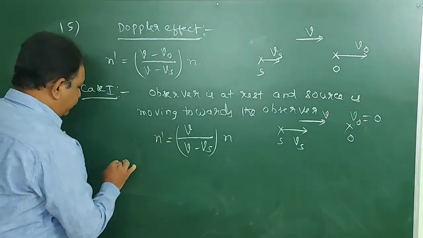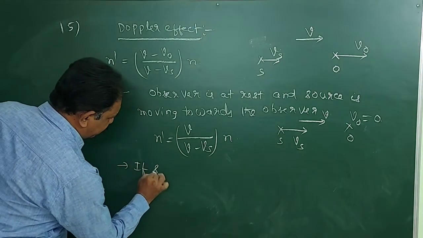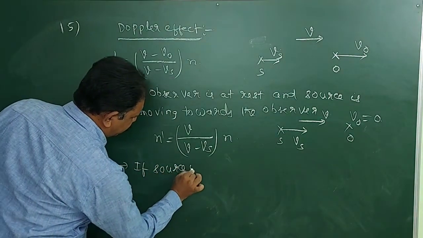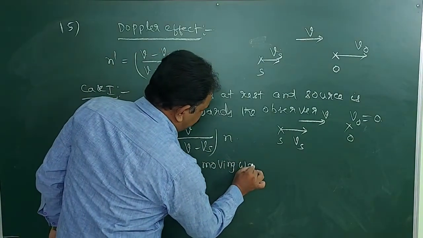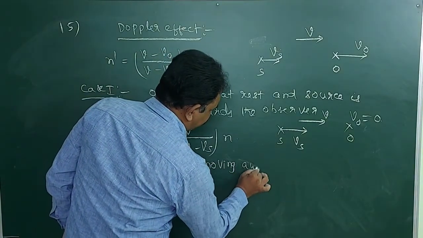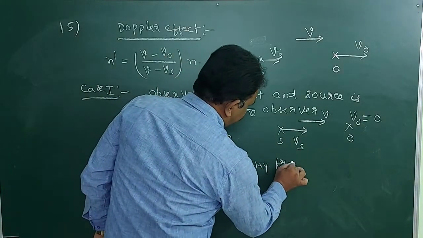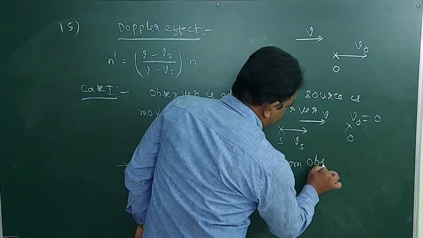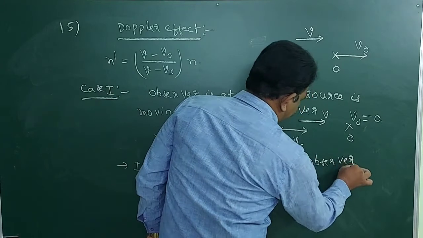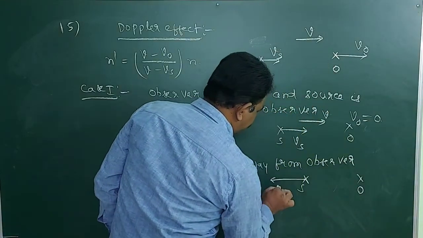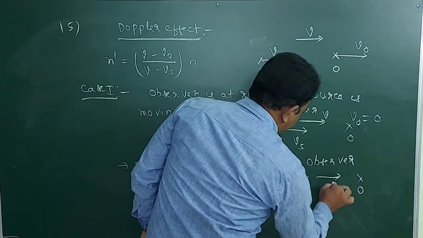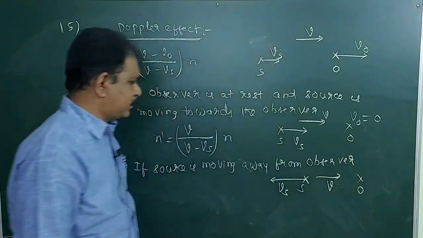And if the source is moving away from the observer, the source is going like this, the velocity of sound is like this.